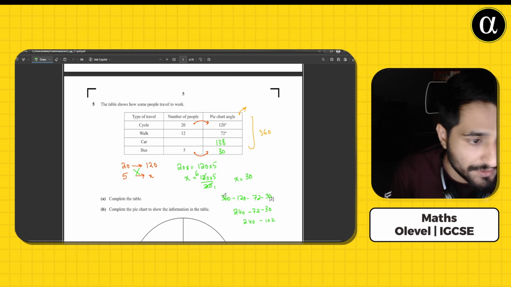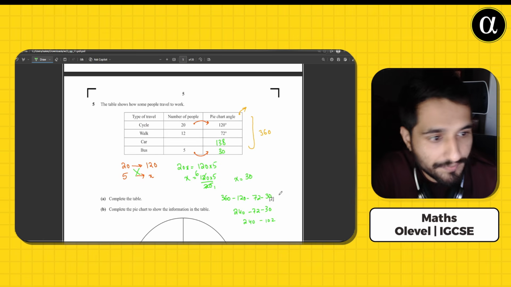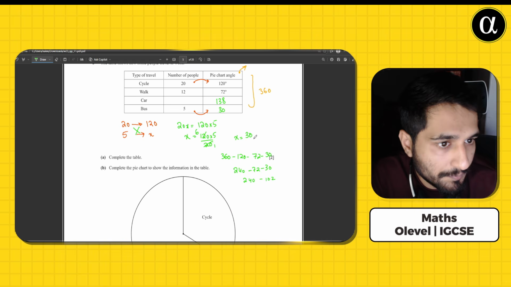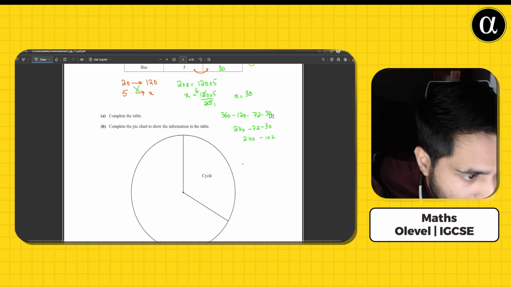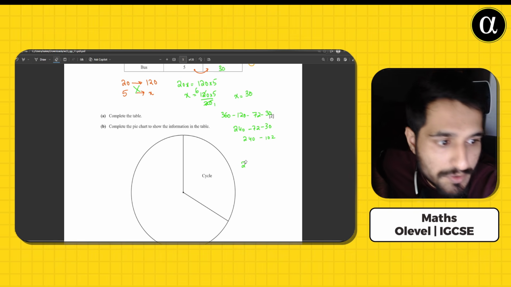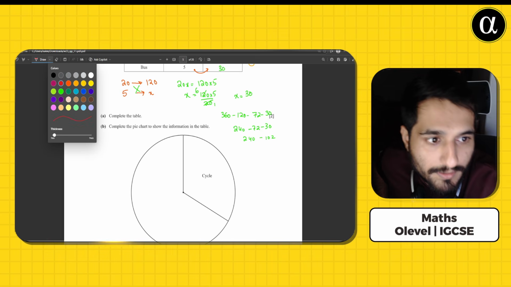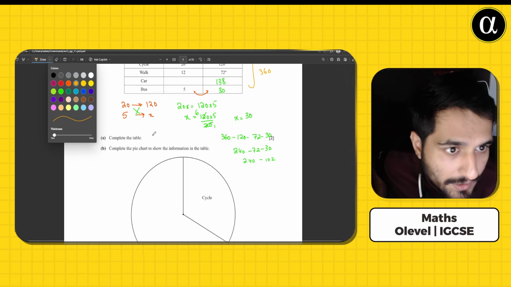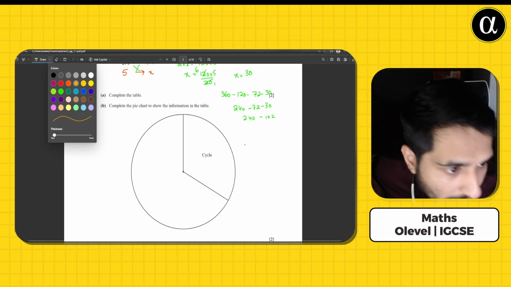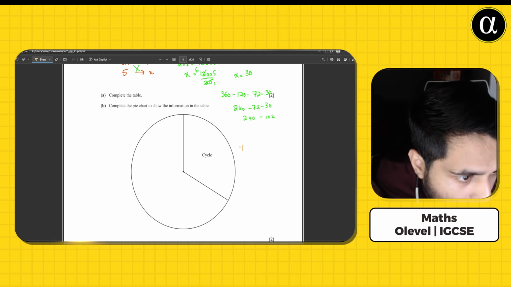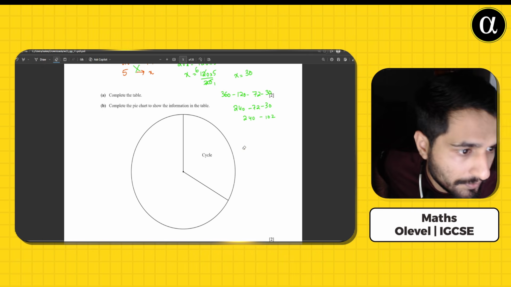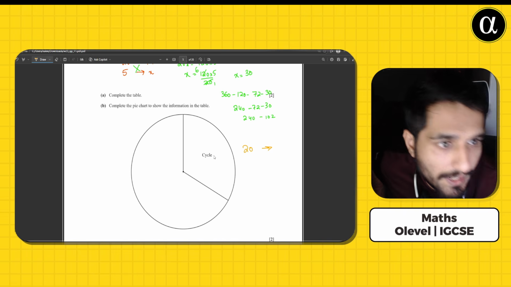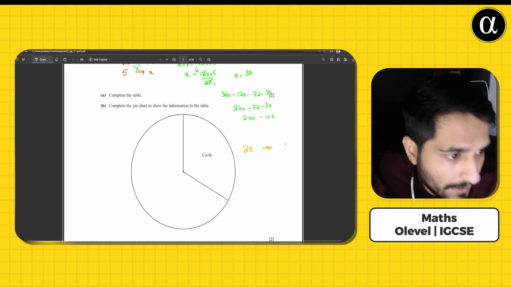Now we need to find the number of people for this case. For this part, we are again going to use cross multiplication. We just take any of the ratios, let's say 20 and 120. 20 people result in the angle being 120.